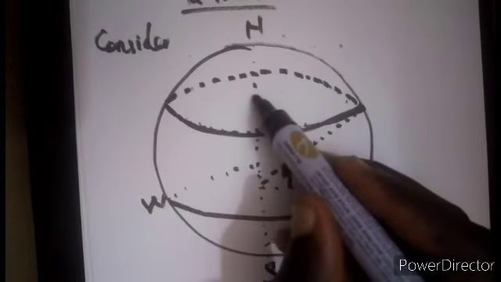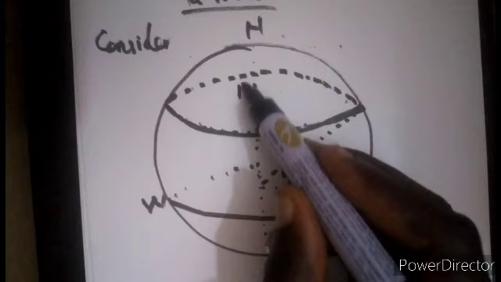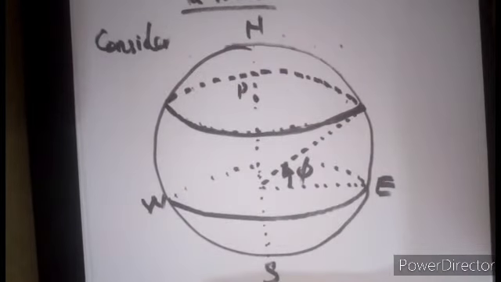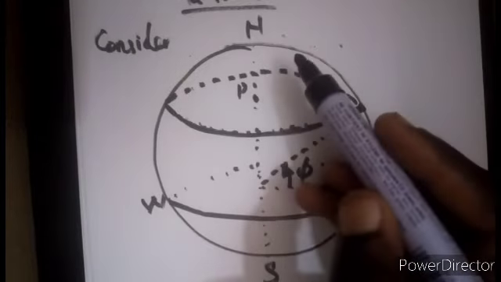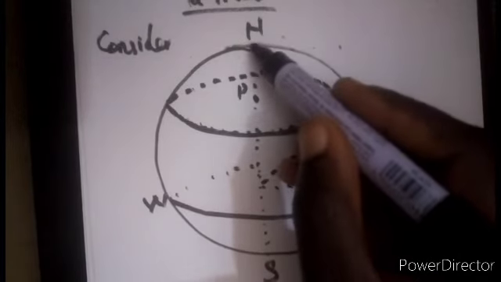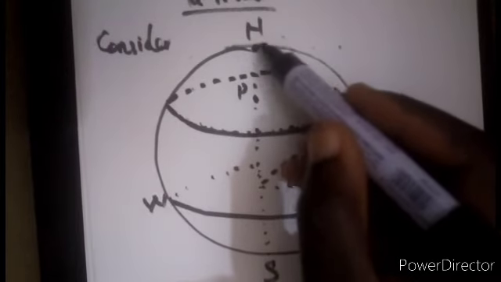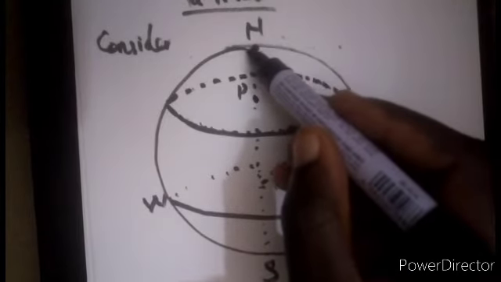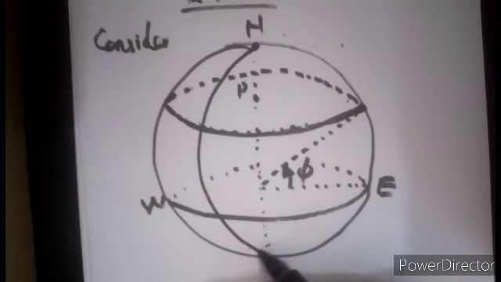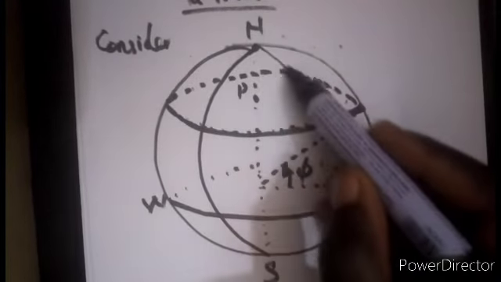So suppose this is the center of this circle, let's call it P. Okay, and then we consider two great longitudes. So longitude to the north is here, so we have another.